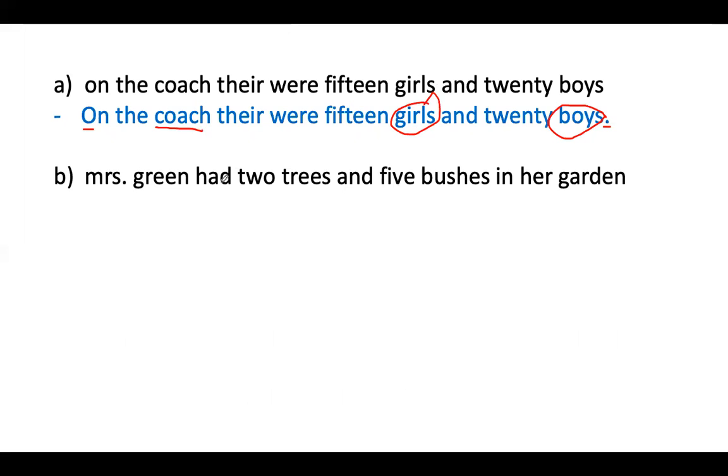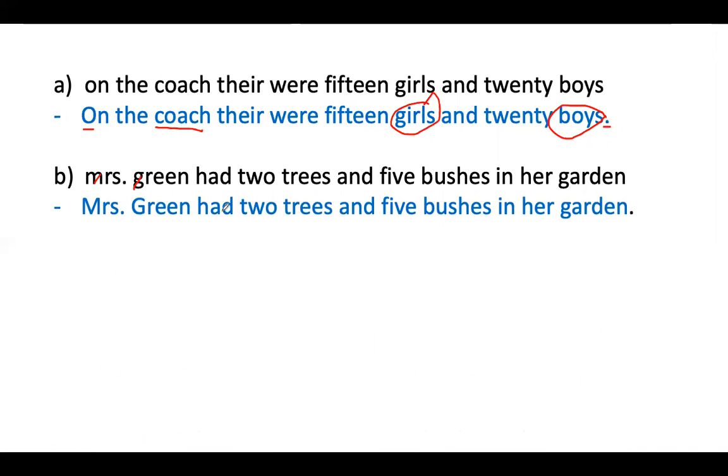Okay, moving on to the next one. Mrs. Green had 2 trees and 5 bushes in her garden. So now Mrs. Green is a proper noun as well, and M is the first letter as well. So we'll just make M capital and G capital, and we'll put full stop in the end. Mrs. Green had 2 trees and 5 bushes in her garden. Now let's just underline the singular noun here.